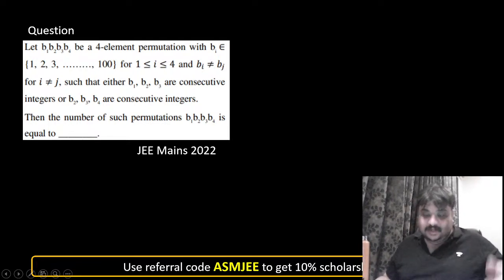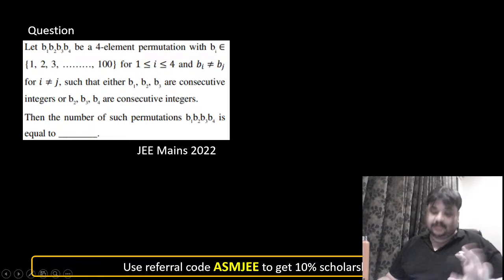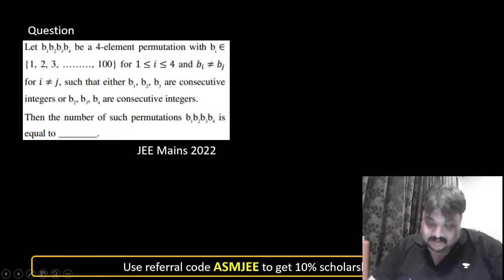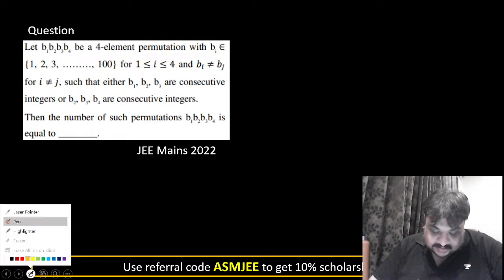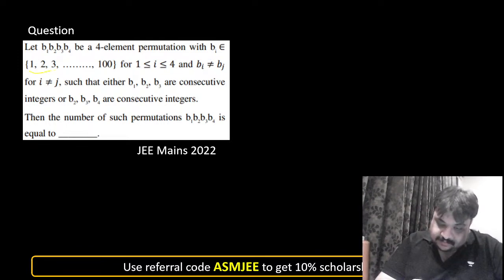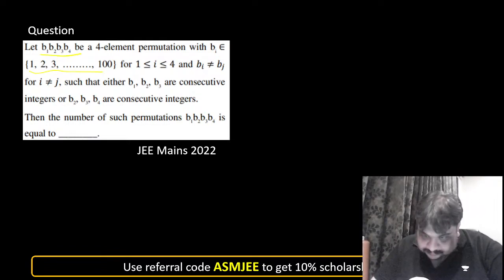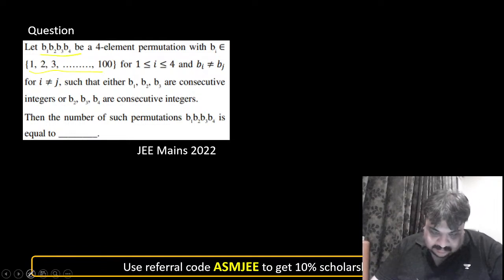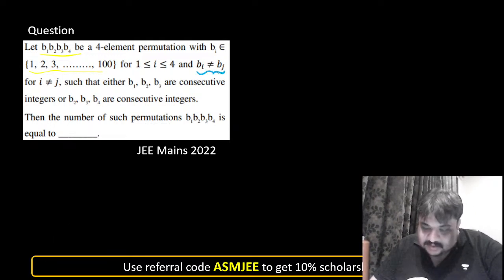Four element permutation. Okay. It is just an arrangement. Great. So basically they are supposed to choose four numbers from here and then arrange them. And no two of them are equal, so repetition not allowed.